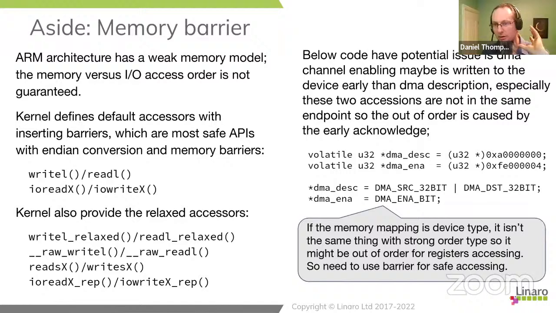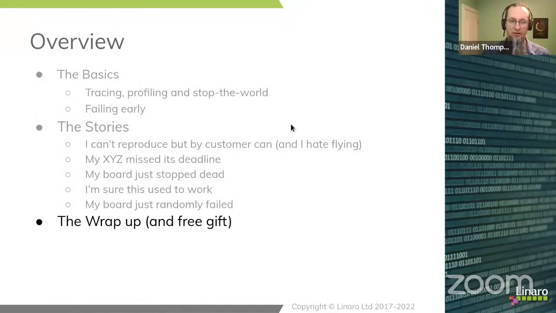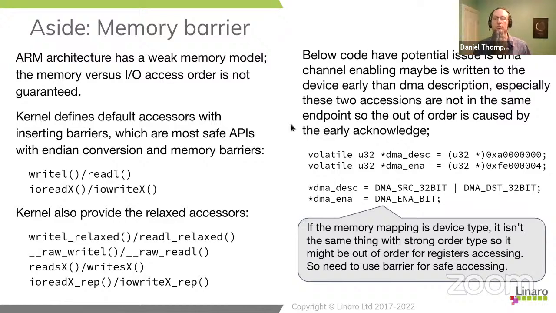Will Deacon has a particularly good talk on this subject. It was at ELCE 2018. It's a good way to research things. But in essence, if you see people using these accessors, particularly if DMA is involved, it is very important to recognize the orderings that can happen and double check that these APIs do what you think they're supposed to.